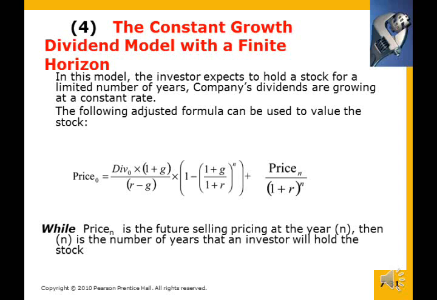So we take the expected future price that the investor expects to sell the stock at, okay, and discount this price. So the future price Bn over 1 plus R to the power n. This is the first part of the rule.